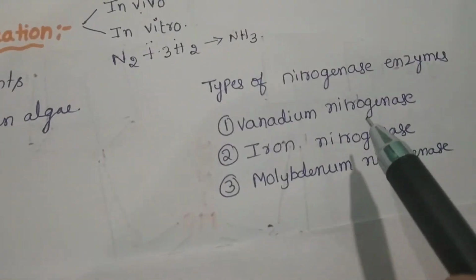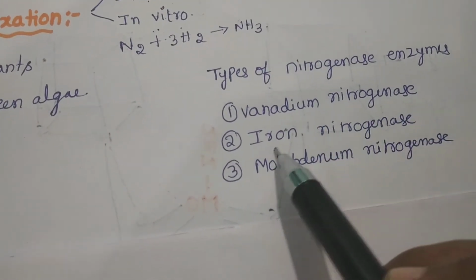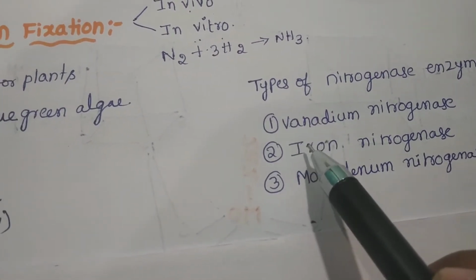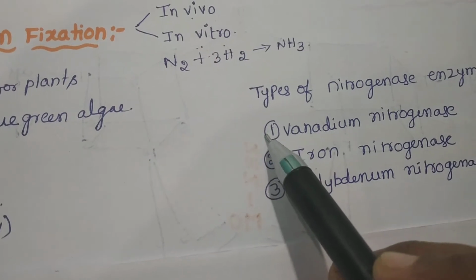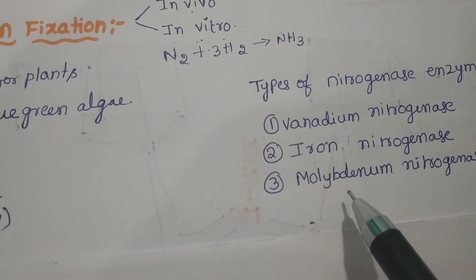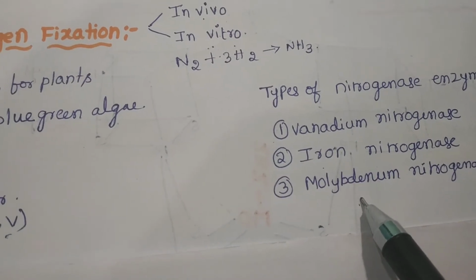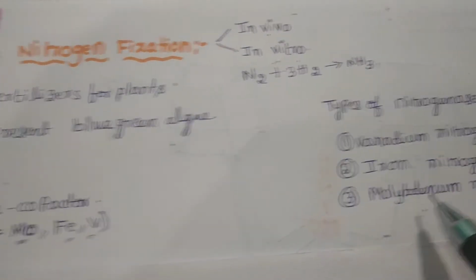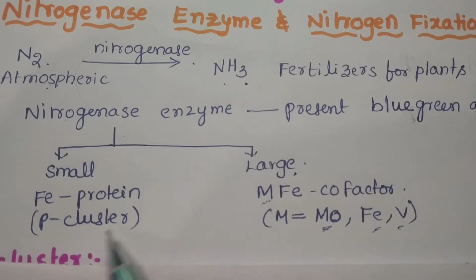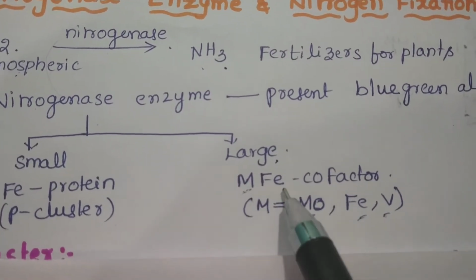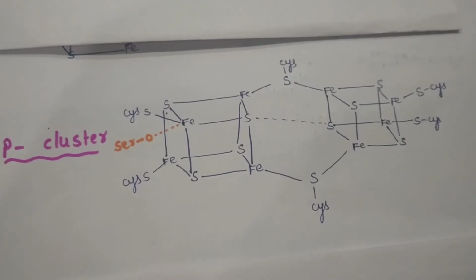So there are three types: vanadium nitrogenase, iron nitrogenase and molybdenum nitrogenase. Vanadium and iron nitrogenase are rarely present. Molybdenum nitrogenase is present in most of the plants. So in these enzymes there are two units: the first is the P cluster and the second is the MoFe cofactor.